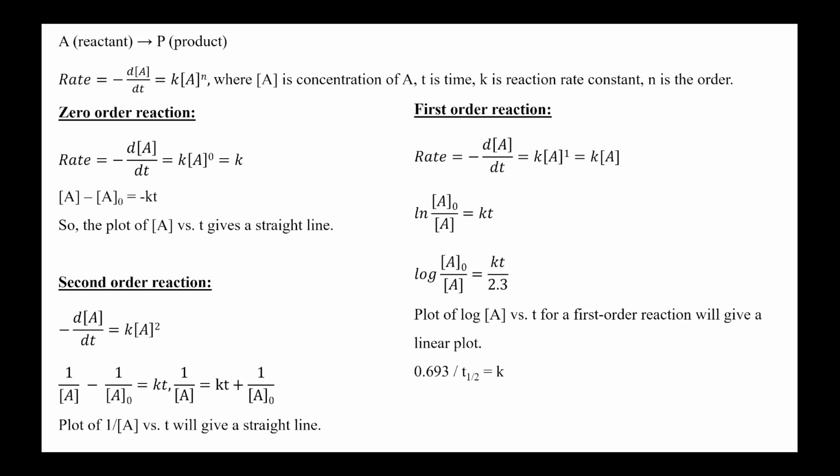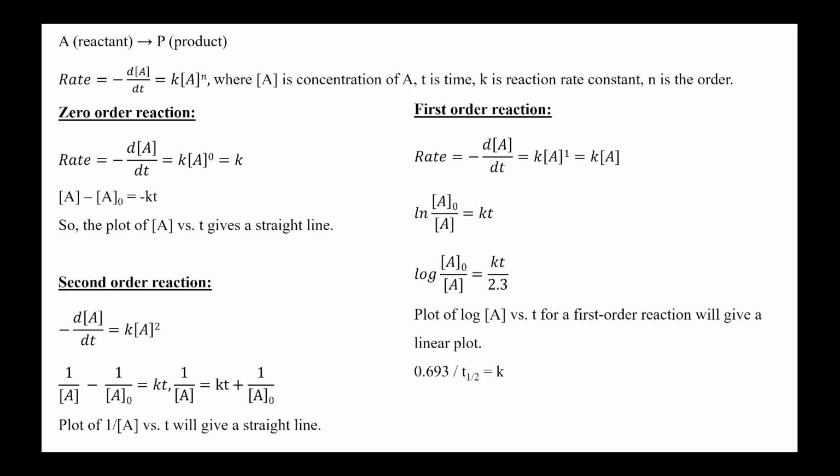Before starting with the question, I just want to brush up the concepts of kinetics and different orders of reaction. In chemical kinetics, we basically measure the rate of the reaction. If there is a reactant forming some sort of product, if a reaction is going from A to P, the rate will be defined as the conversion of reactant to product in a certain amount of time.